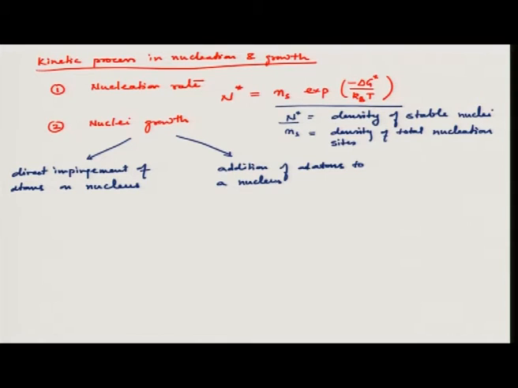Let me define these two things pictorially. If I have a substrate on which I have a stable nuclei now, suppose this is my stable nuclei. Either adatoms can directly impinge on this and get added to this, or these can come here and this may diffuse on the surface and get added to it. These are the two processes in which this nuclei will grow.